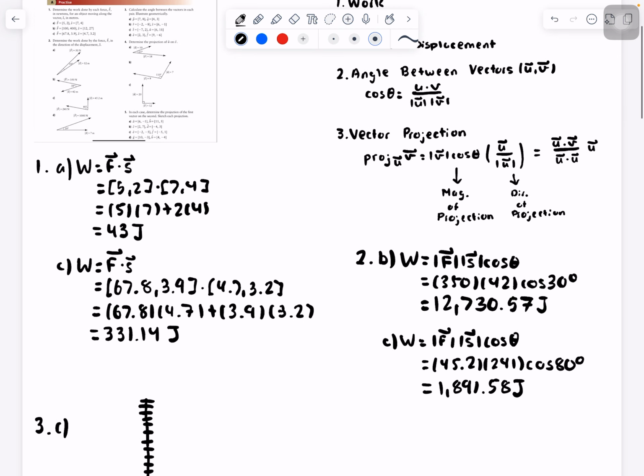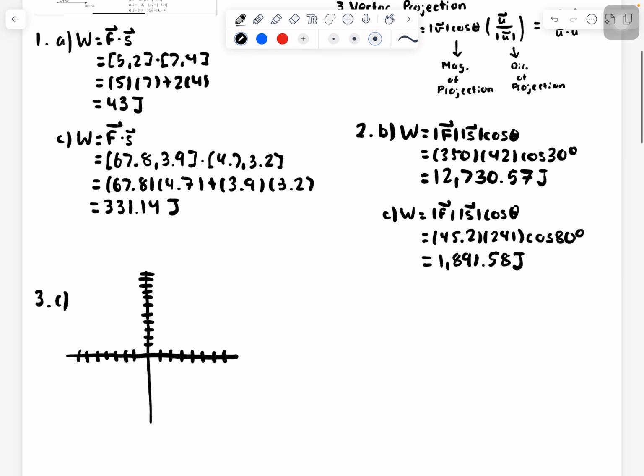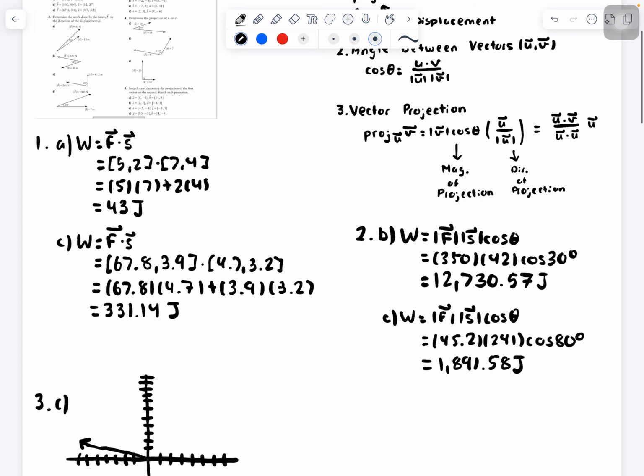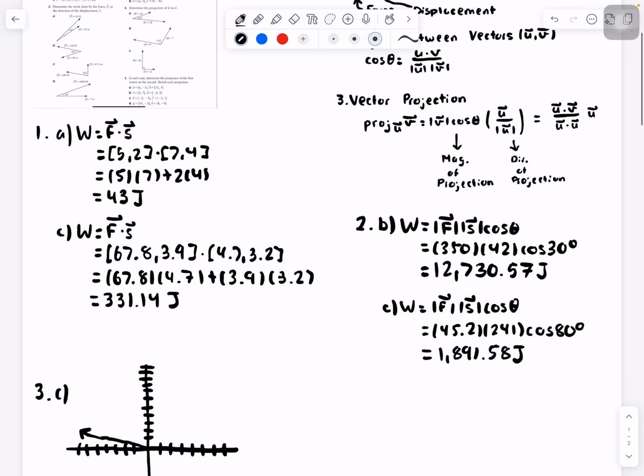So we have the vector -7, 2. 1, 2, 3, 4, 5, 6, 7. -7, 2, so right here-ish. All right. That's vector t.